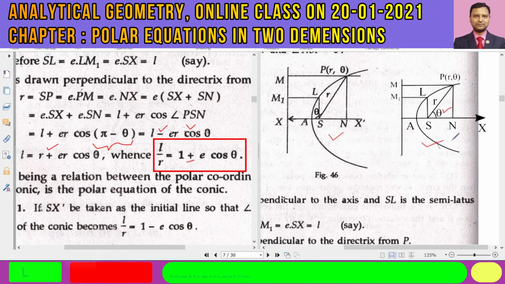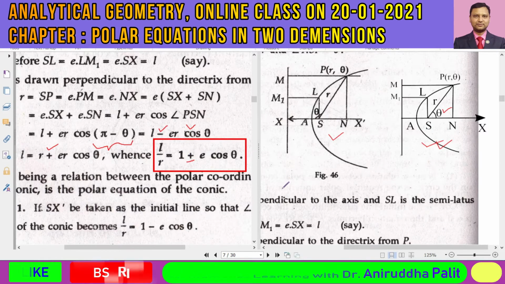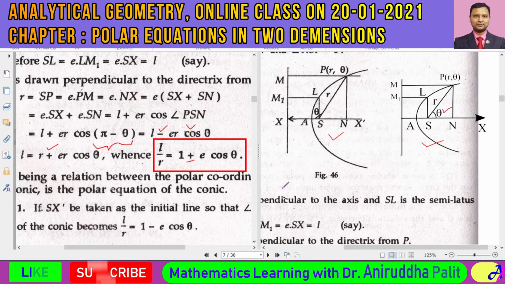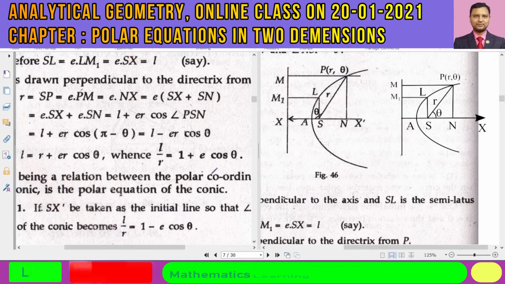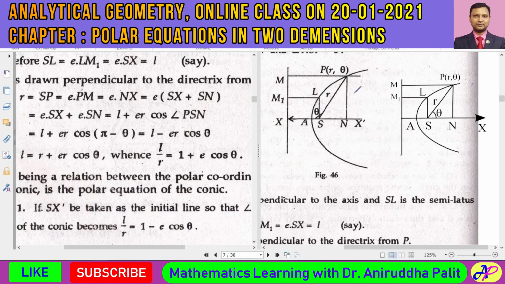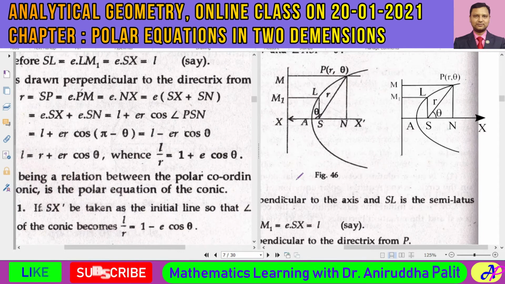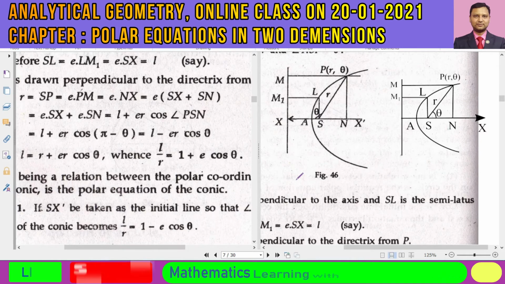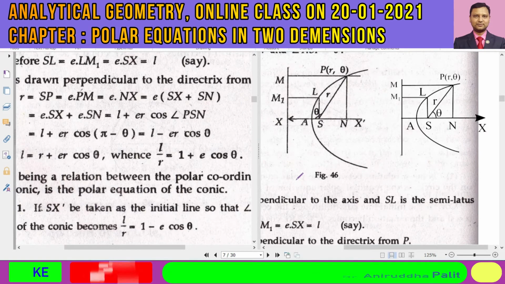If you consider this second picture, in that case 1 minus E cos theta would come. Got it? So in this way we compute the equation of a conic with respect to two different kinds of initial axis. And how to remember this result?